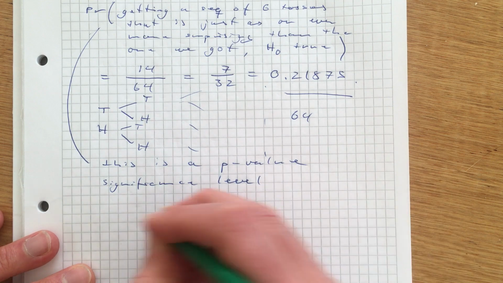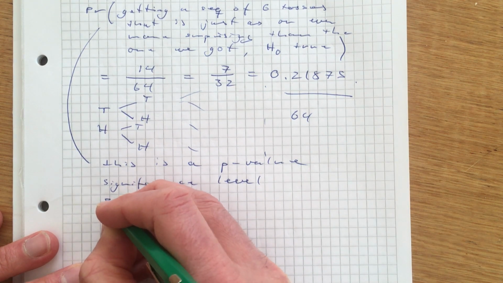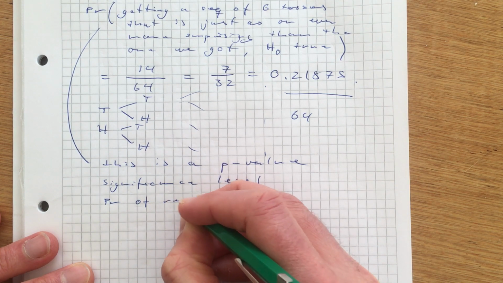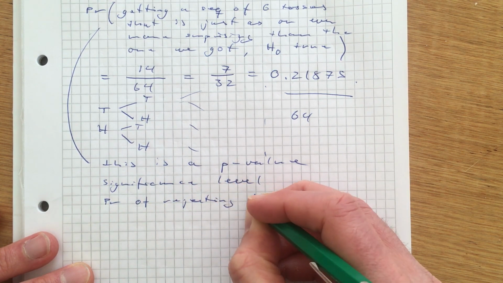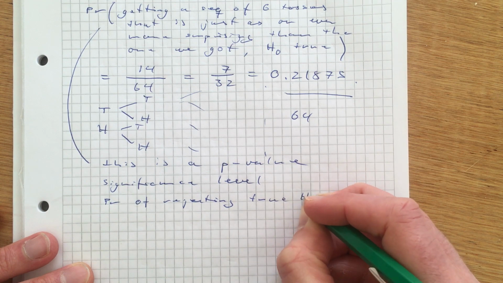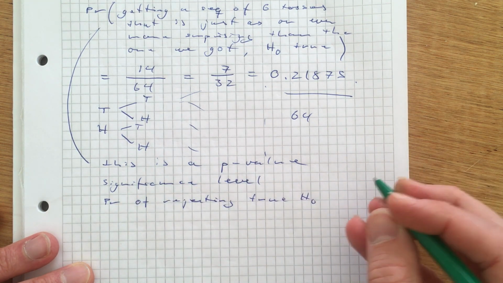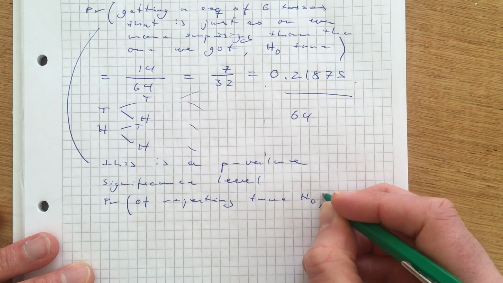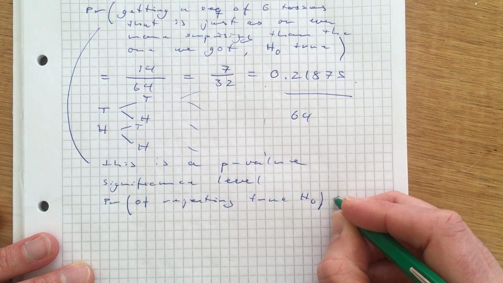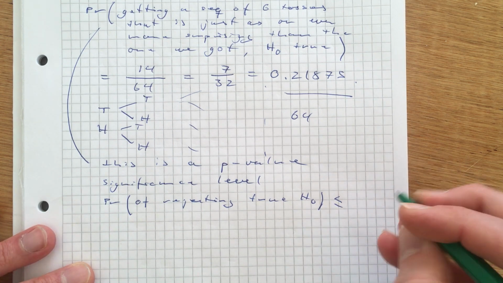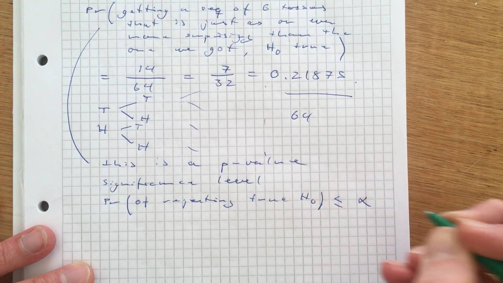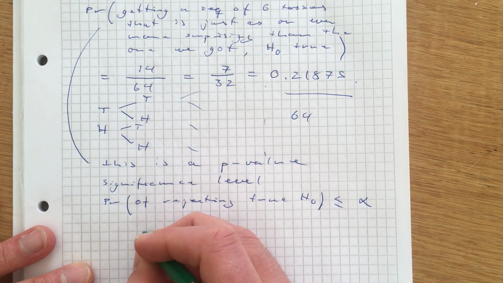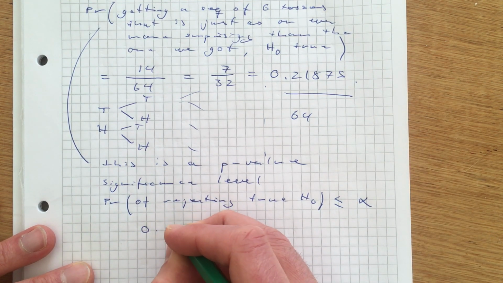So the significance level is the probability of rejecting H naught. And we want that probability to be smaller than or equal to some number. And that number, alpha, is commonly chosen to be 0.05.